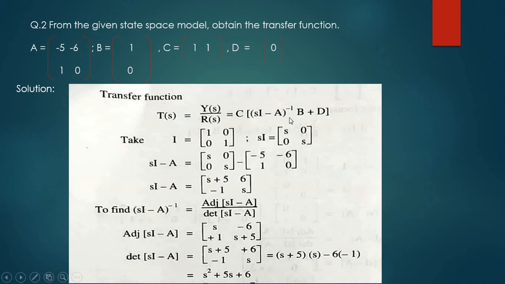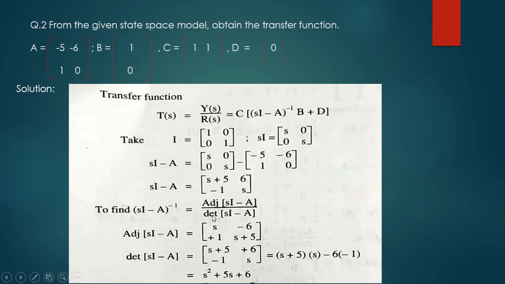Now we have to find the inverse. Again, just remember how to take the inverse: the adjoint of (sI − A) divided by the determinant of (sI − A). To calculate the determinant, we know very well: this multiplied by this minus this multiplied by this.